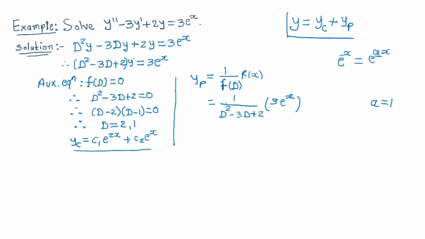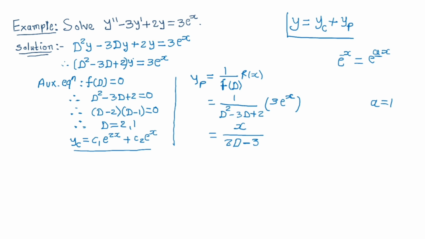So to bypass this, we need to modify our 1 upon f of d. For the modification, we multiply by x in the numerator and differentiate the denominator with respect to capital D. The differentiation of d square gives 2d, the differentiation of 3d gives 3, and the derivative of the constant 2 is 0.